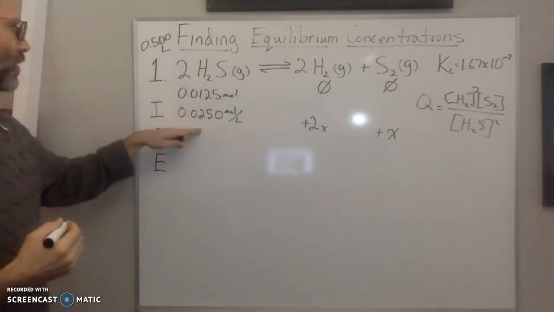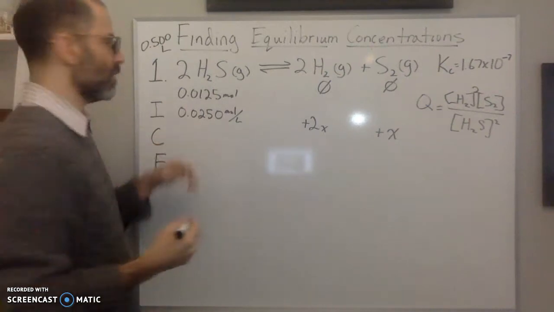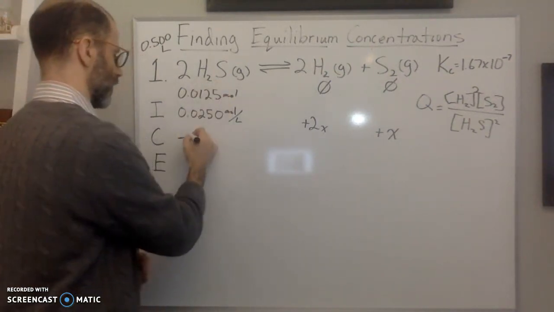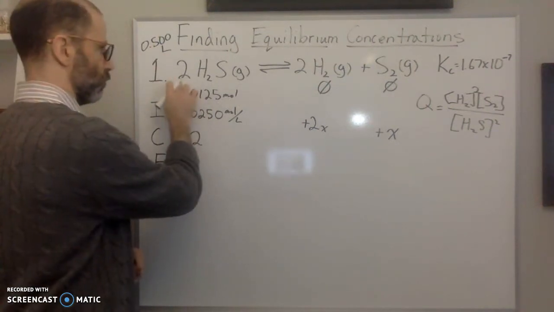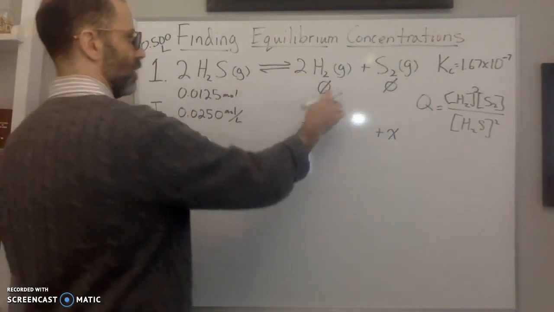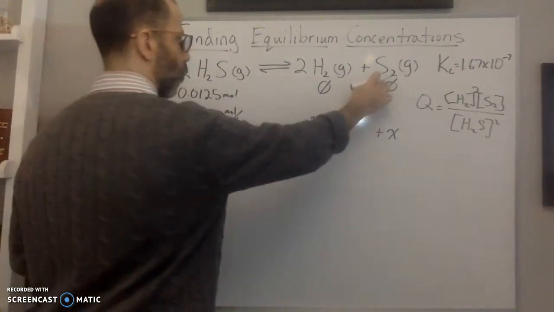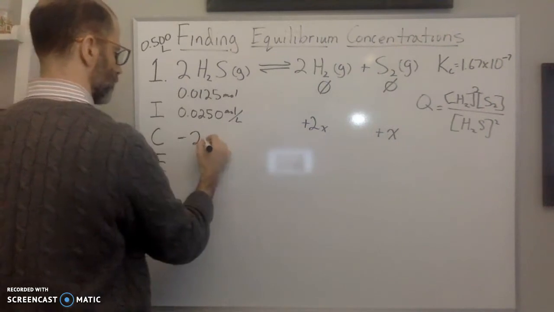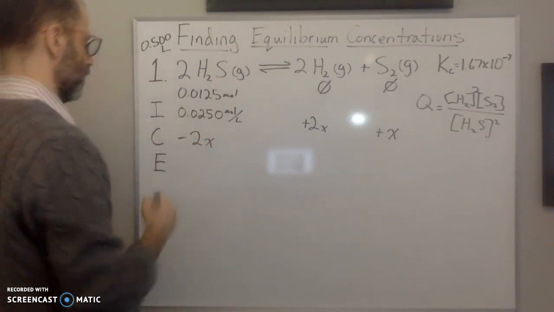And then the change in H2S is a loss, so that's going to be minus, a losing reactant. Again, because of the coefficient, it's a 2 to 2 ratio there, and 1 to 2 here. So it's x here, so it's minus 2x there.